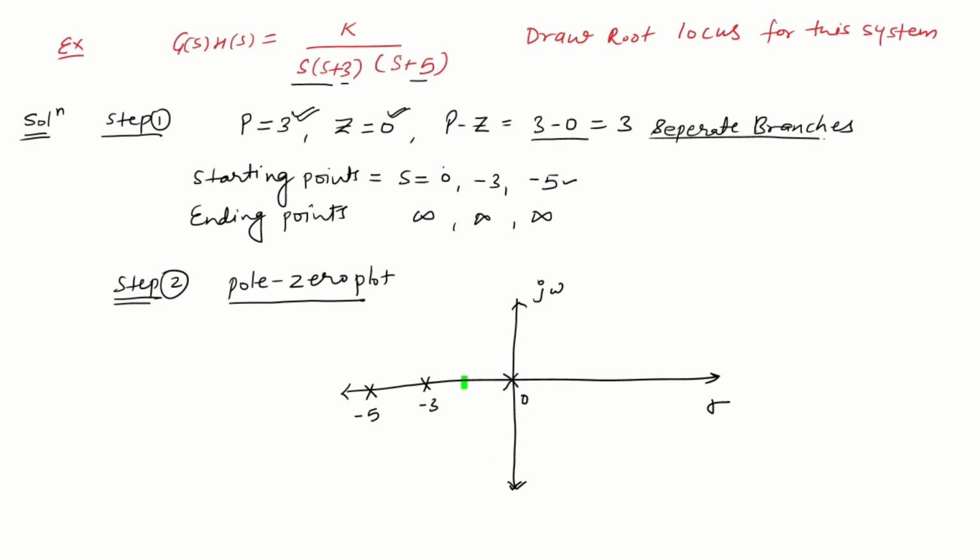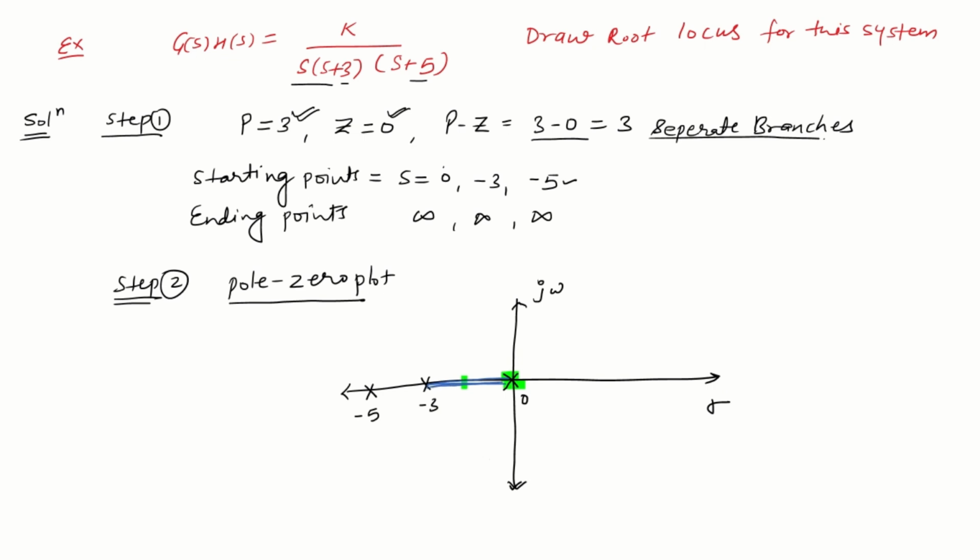So, what we will do, we will calculate the number of roots on the right side of this point. As we can see, there is a single root at s equal to 0 on the right side of this point. So, we can say that this section 0 to minus 3 will lie on the root locus. Let me highlight this with a different color.